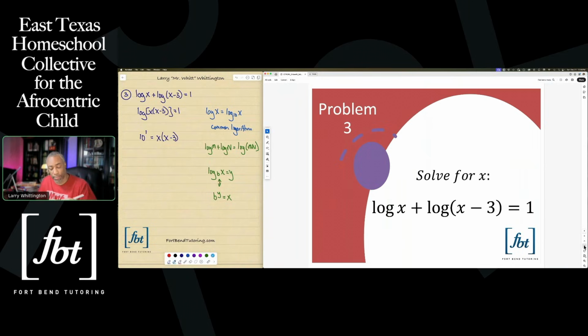So I'll have 10 equals x squared minus 3x. And after subtracting 10 from both sides of the equation, because I do want to write this quadratic equation in standard form, I'll have x squared minus 3x minus 10 equals 0, just like that.